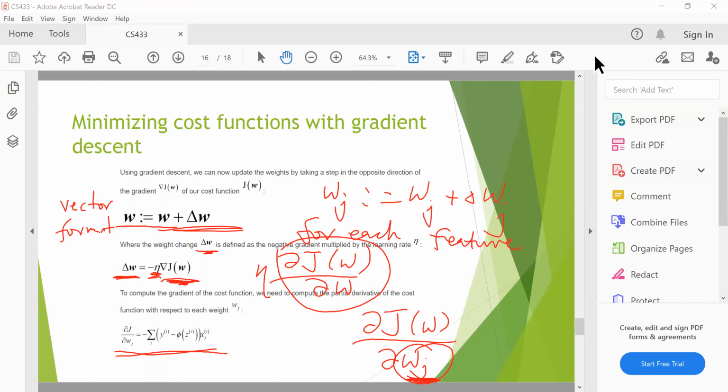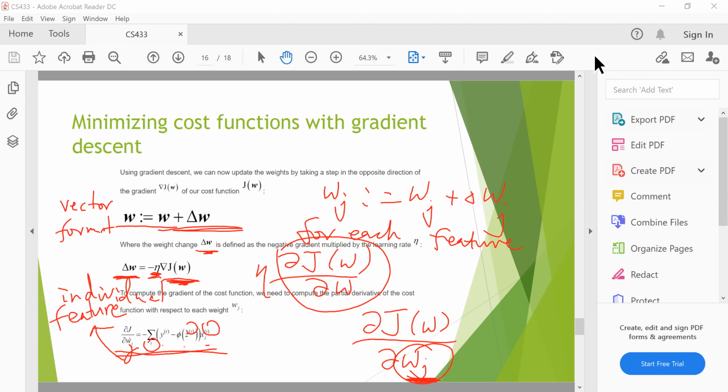So the derivative to the weight is going to be the target value minus the linear activation, times the corresponding feature value. So here J is for the individual feature, and the I.